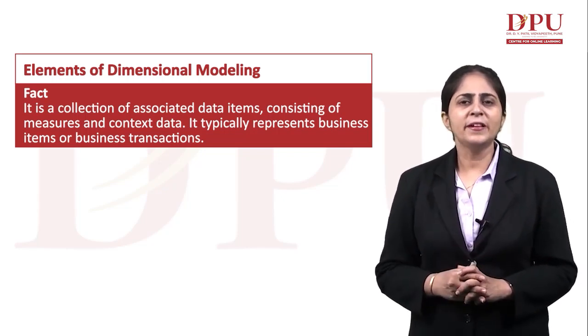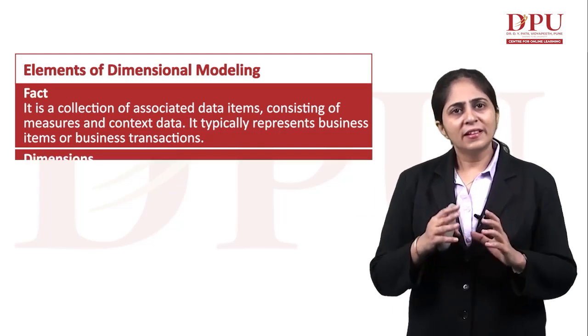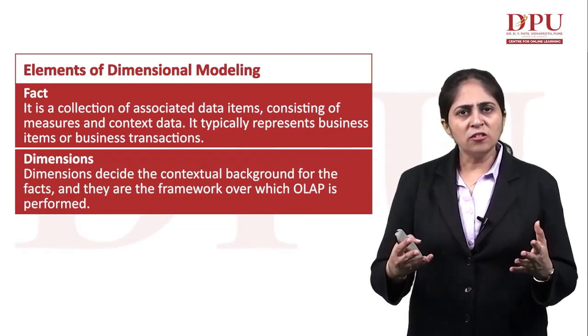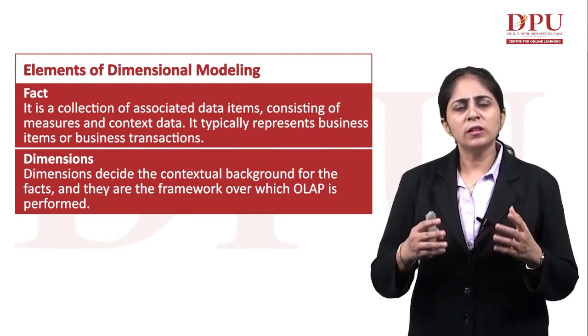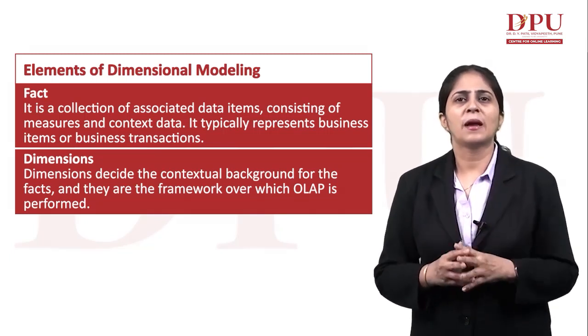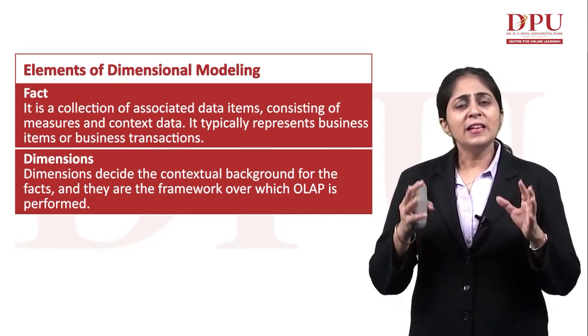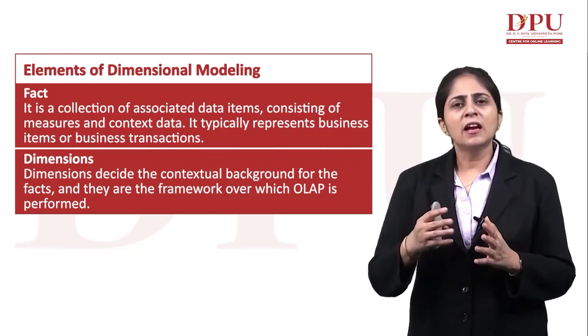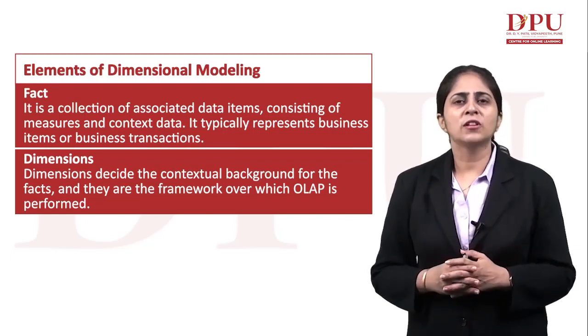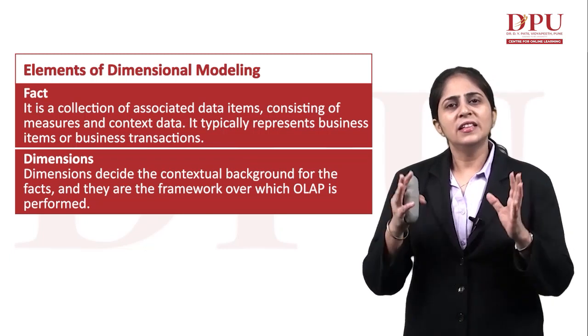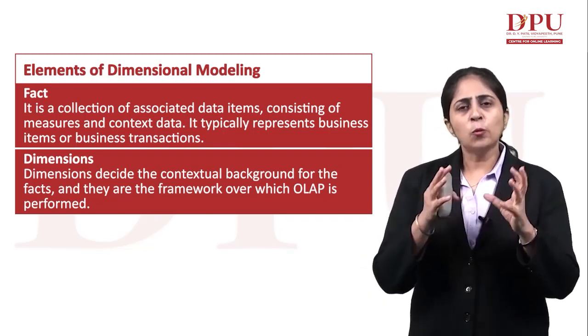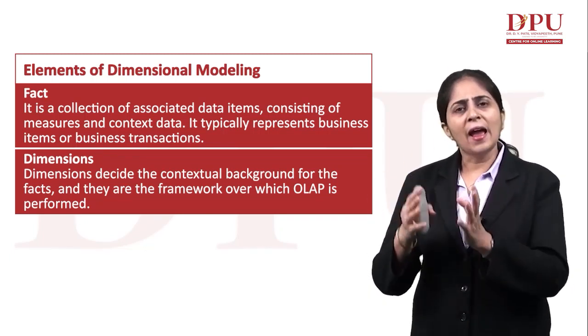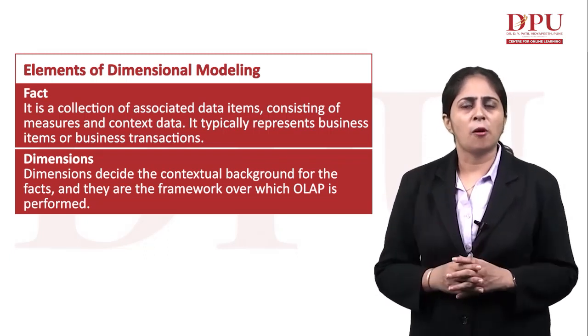The second element of our dimensional modeling is dimension. A dimension is a collection of data which describes one business dimension. Basically, a dimension decides the contextual background for the fact, and it is the framework over which our online analytical processing is performed.